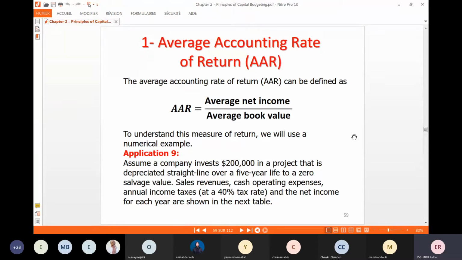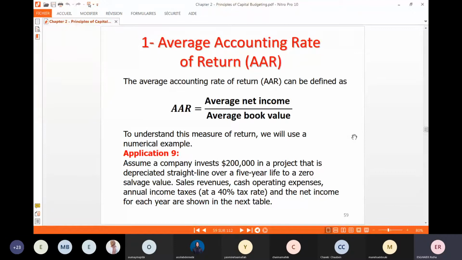Other analysts use the initial investment plus salvage value over 2. Other textbooks take the initial investment minus the salvage value over 2. Each analyst has their own ratio. It doesn't mean that one is right and one is wrong, no. But the interpretation is what will change.